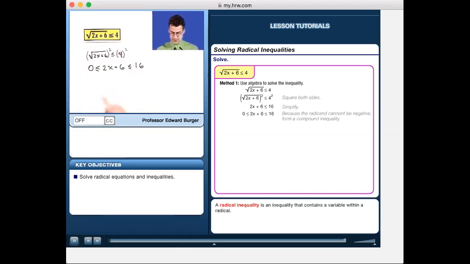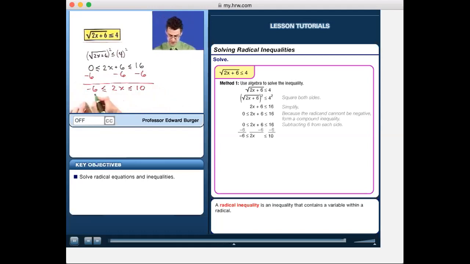So the way to solve this is to first isolate the x. So let's now subtract 6 everywhere. So here I see negative 6 less than or equal to 2x less than or equal to 10. And now I'm going to divide everything through by 2.